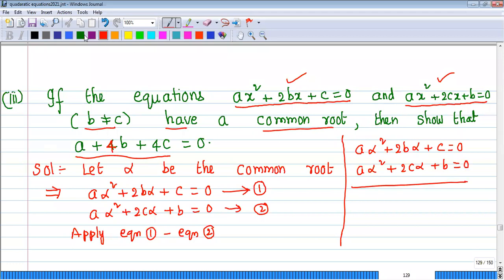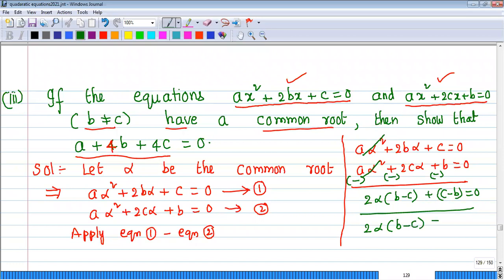If you subtract, change the sign. A alpha square cancels out. From this we can take out 2 alpha common. So we have b minus c plus c minus b equals to 0. Now 2 alpha times b minus c equals, if you transpose c minus b to the right hand side, it becomes b minus c.